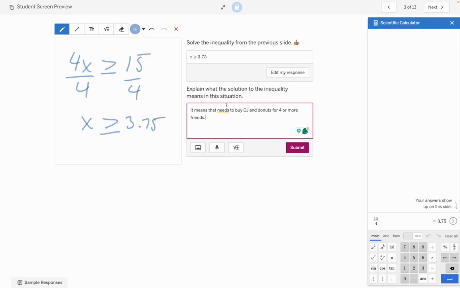Now I know it says 3.75, but we can't have 3.75 friends, so I just rounded up to 4, and it's 4 or more friends. So that's how that works.